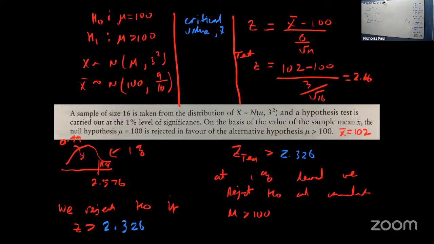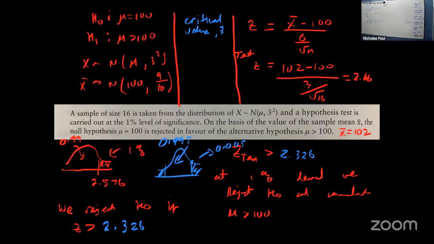If it were a two-tailed test, then here and here you'd have to split up the 1%. So here would have been 0.005, so the value you have to read off will be 0.995. That will give you the value I had initially. Okay? I made a mistake initially.